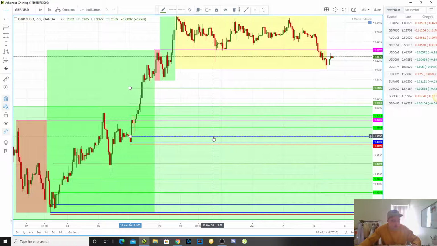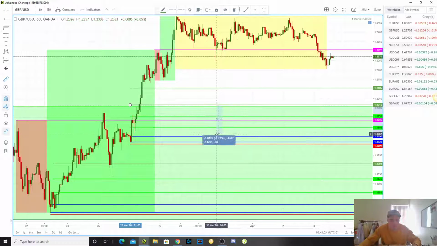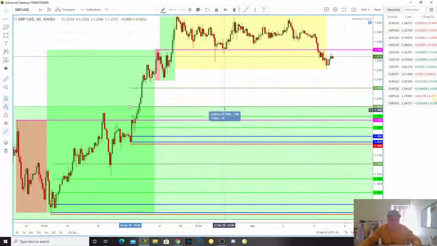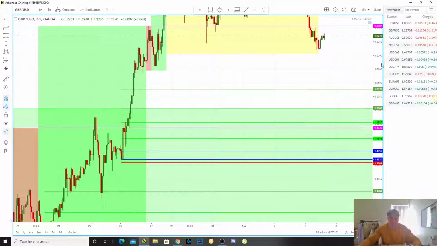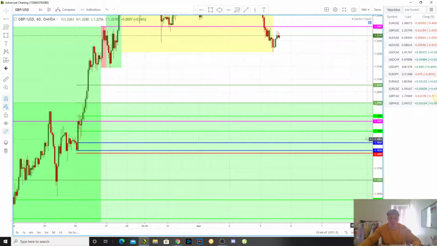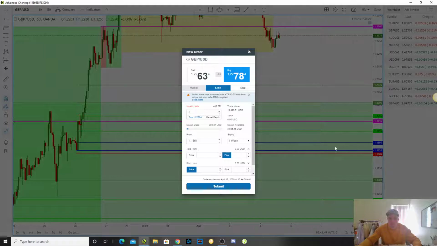So it should be able to go that far again, is the idea. So definitely going to take this, definitely going to take that other trade.